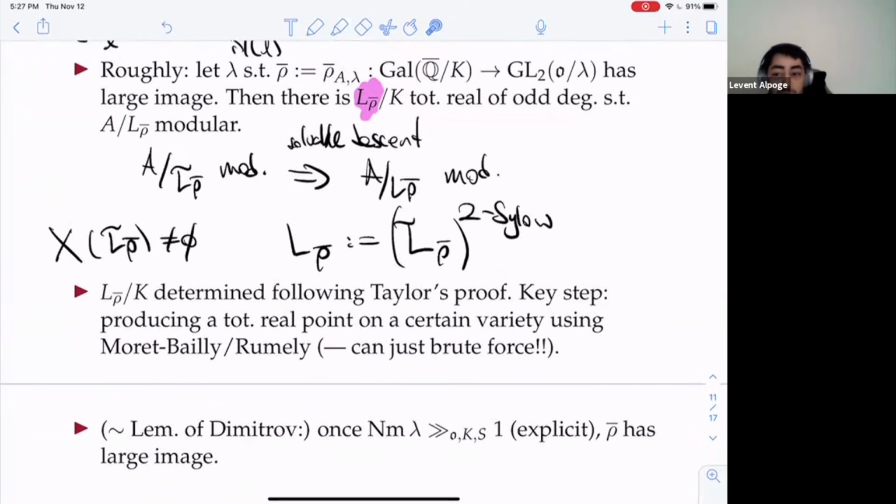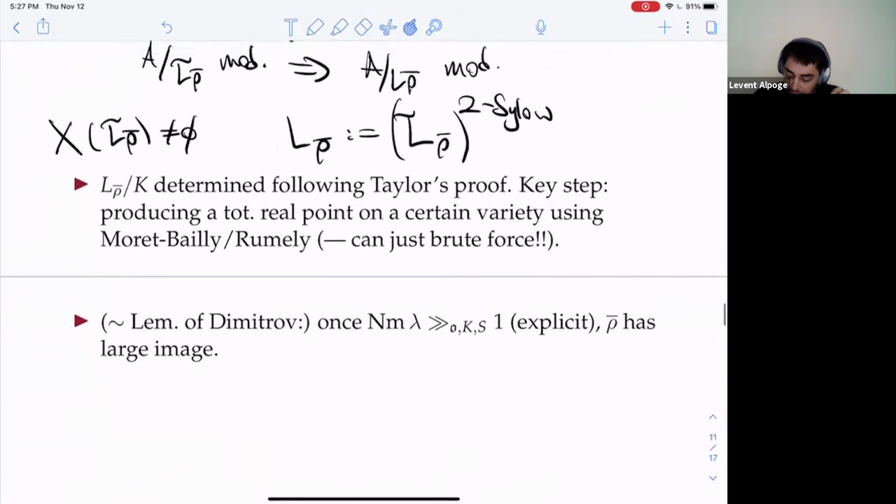It would have been easier for me to just say a density 1 subset, but maybe I shouldn't say the weaker statement. This is a proposition of Dimitrov's, dealing with Hilbert modular forms and their residual representations. Let's take the case over Q of just the Ramanujan delta function.